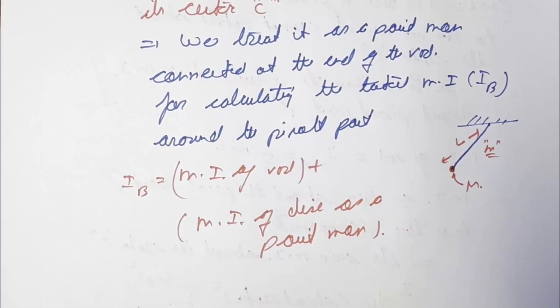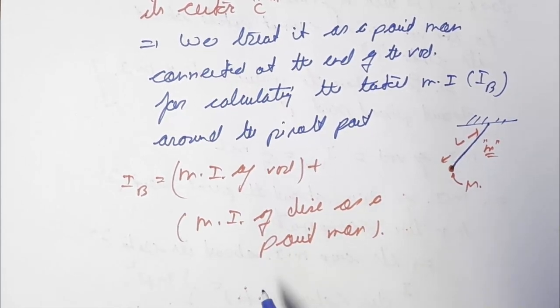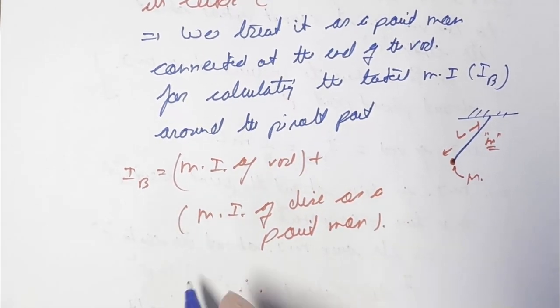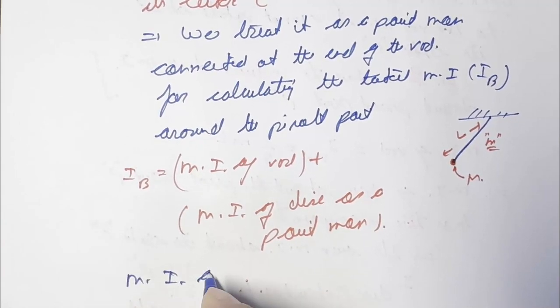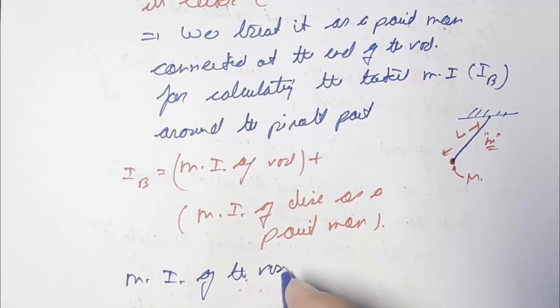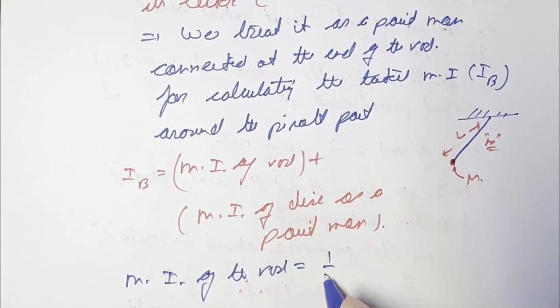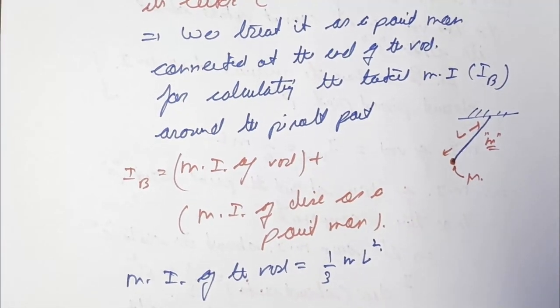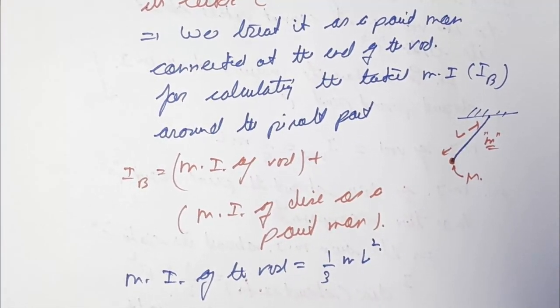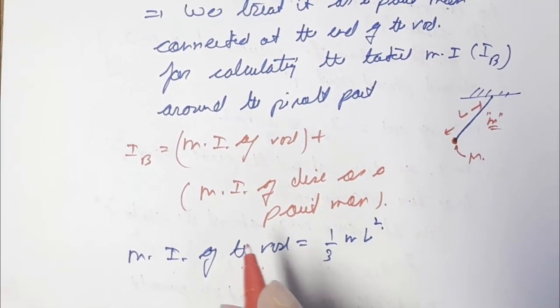And moment of inertia of the rod will be equal to 1 by 3 m l square, and let us call that I rod prime, in order to differentiate from the first case.